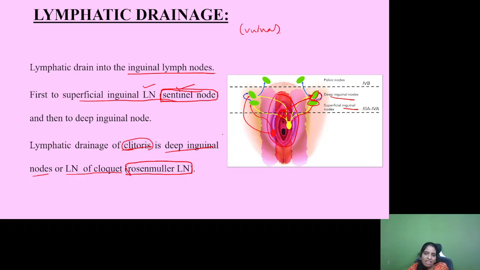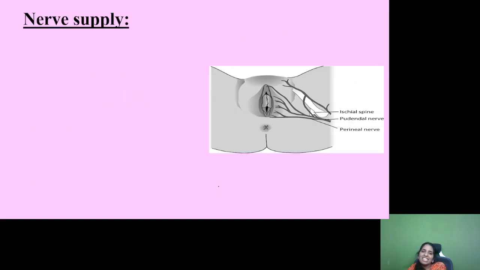So everything drains into the superficial inguinal nodes first, but the clitoris drains directly to the deep inguinal lymph nodes. Two points are important: the vulva drains into inguinal lymph nodes, but the clitoris drains into the lymph node of Cloquet or Rosenmuller. And next, nerve supply.